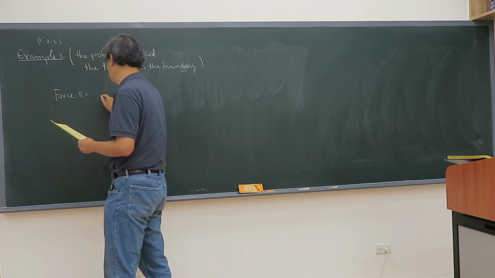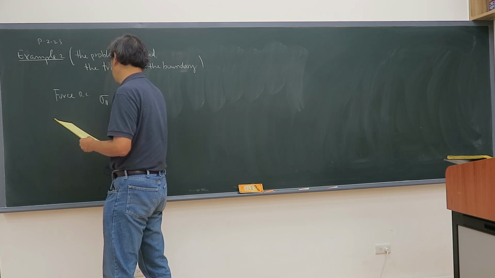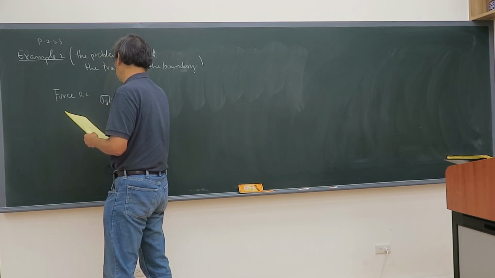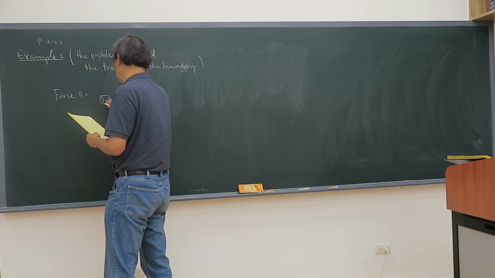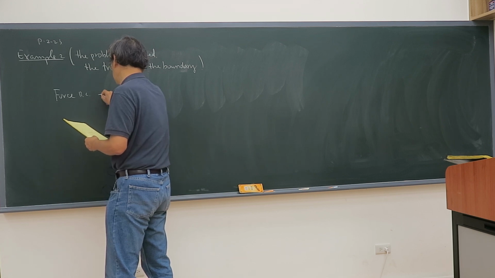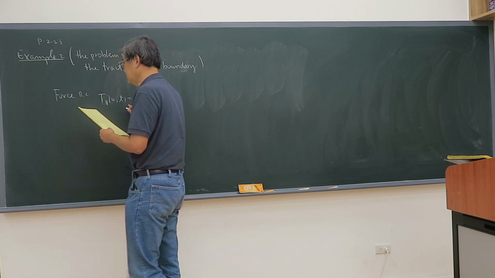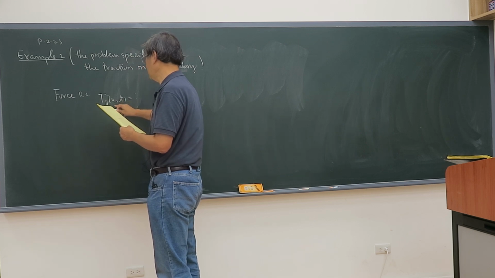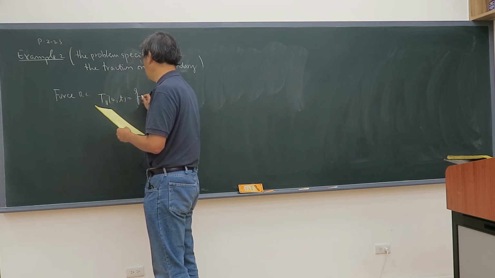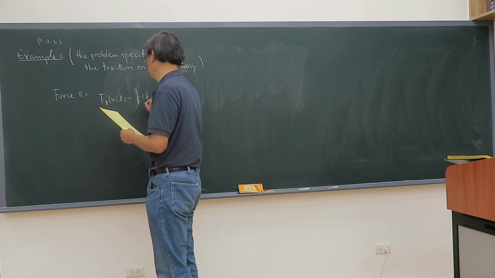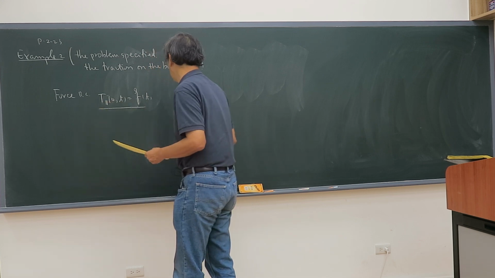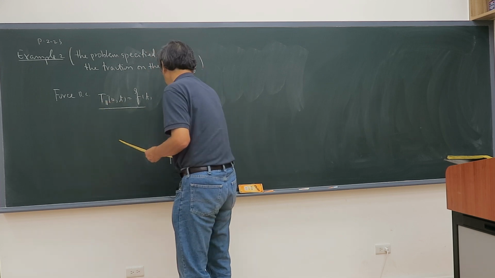That means the stress sigma 11 at 0, t is equal to the traction. Traction T11 at x = 0, t is prescribed by a function q(t). So this is a problem, okay?